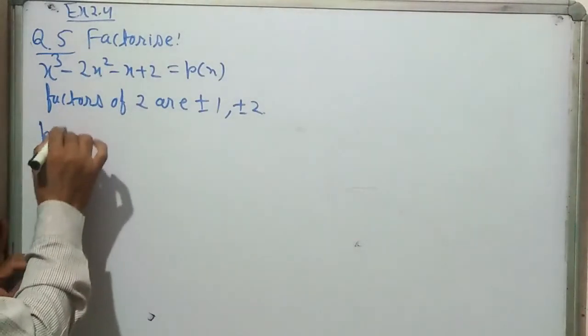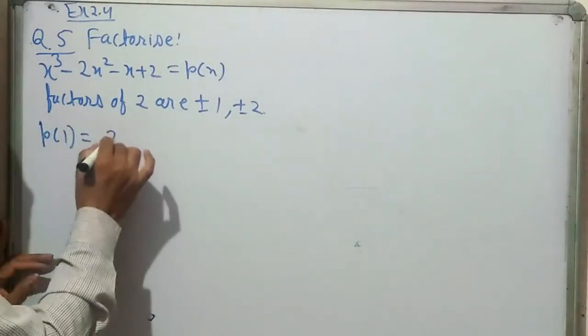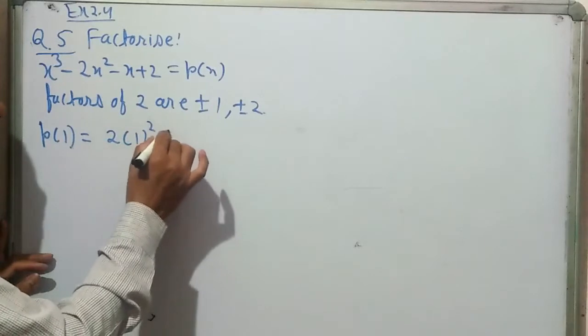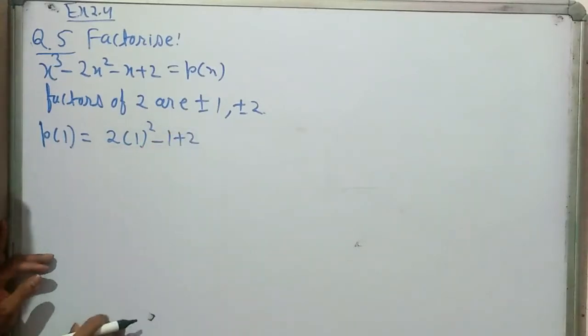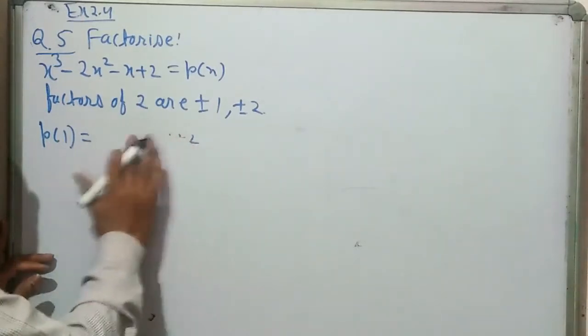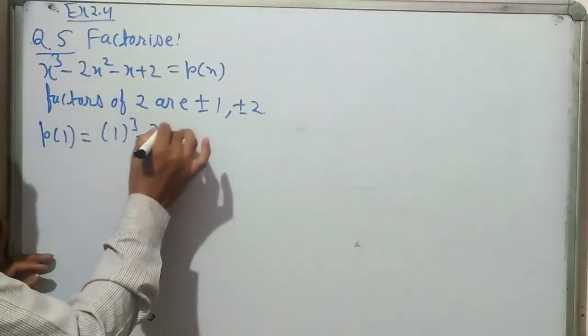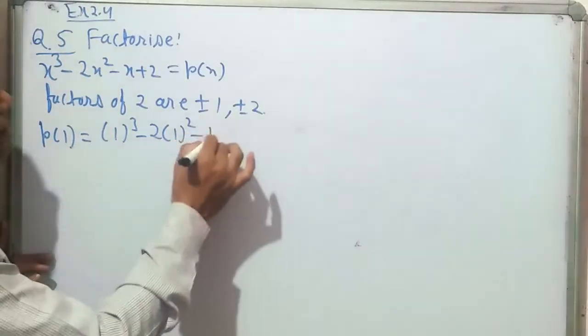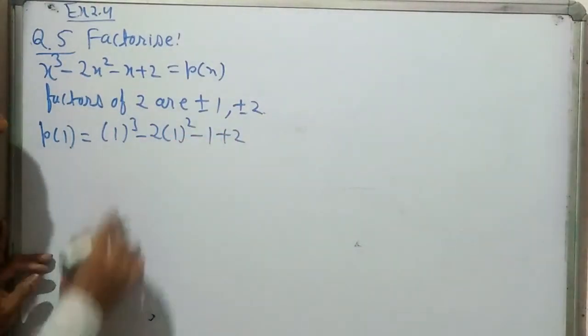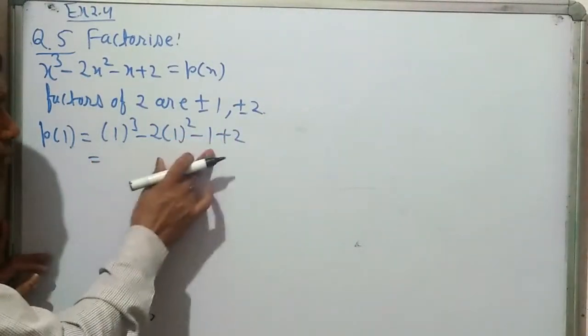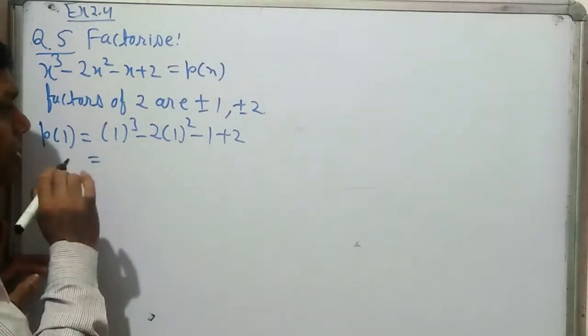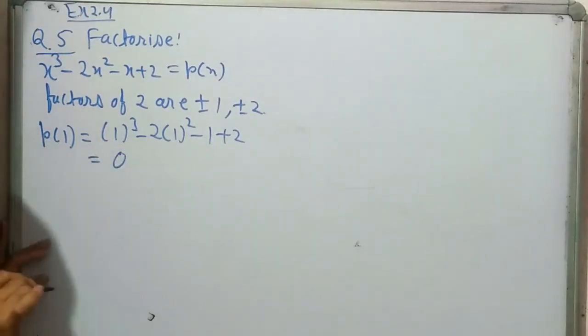First we try p(1). Sorry, that should be 1 cube minus 2 multiplied by 1 square minus 1 plus 2. Will that give us 0? 1 minus 1, 0, 2 minus 2, 0. So this will give 0.